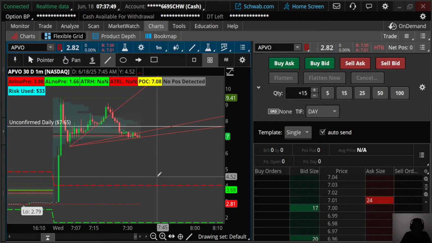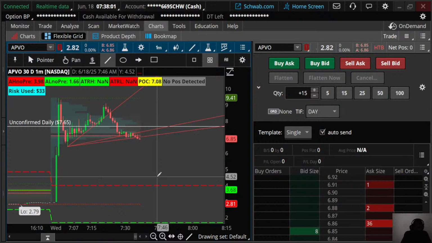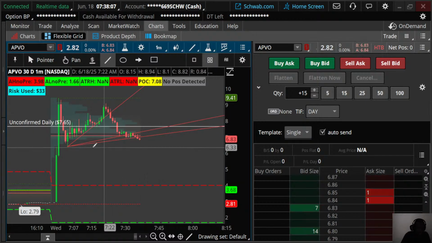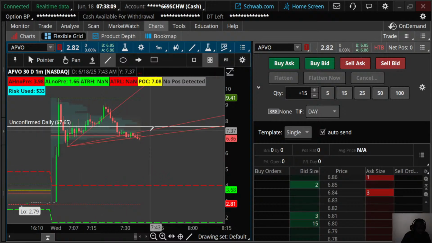Literally just kissing the $7 flat. A small breakdown, 6.90. Open up a little bit lower. Still holding up this level, so I'm gonna say it invalidated this one.